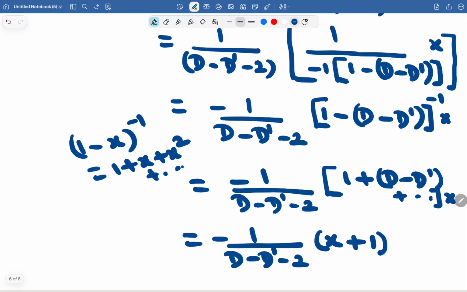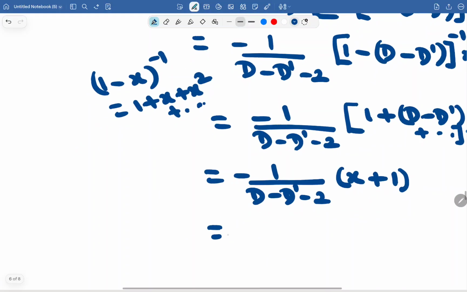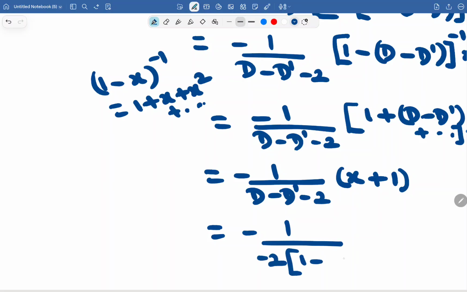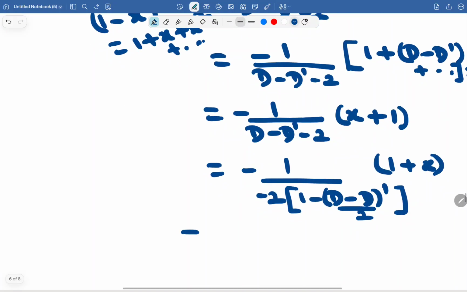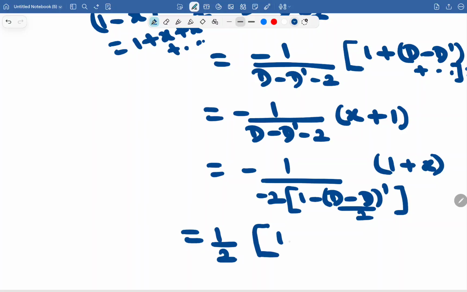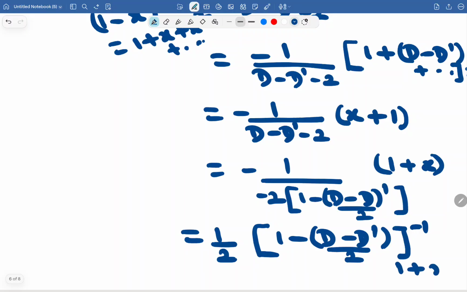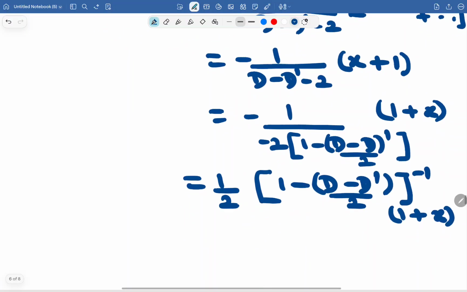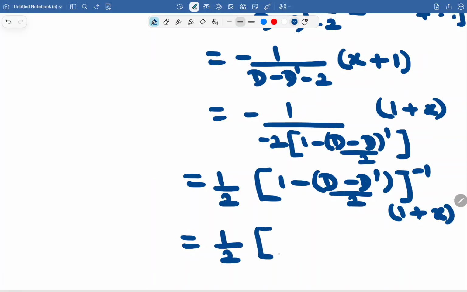The remaining terms must be 0. Again take minus 2 outside: 1/2 [1 − (D − D')/2]^(−1) of (1 + x), since minus of minus becomes plus.